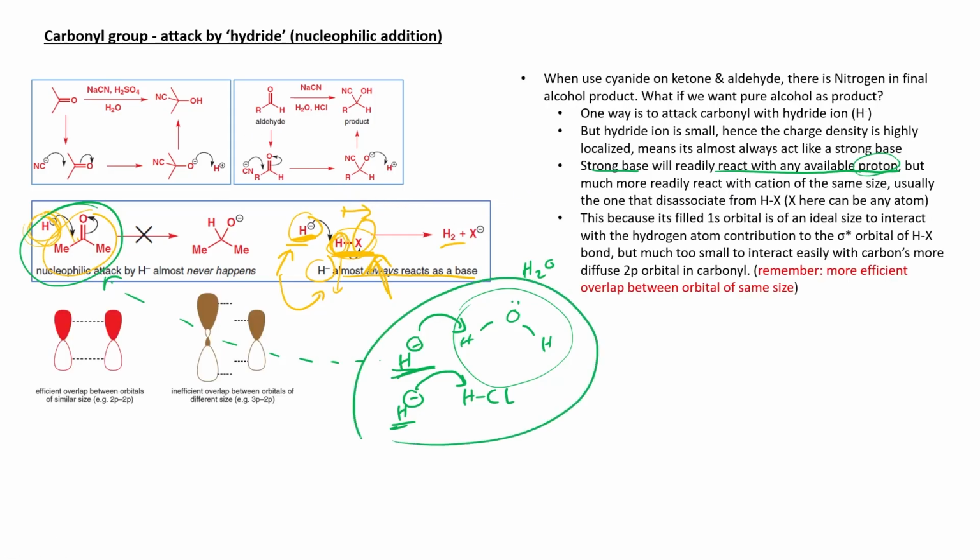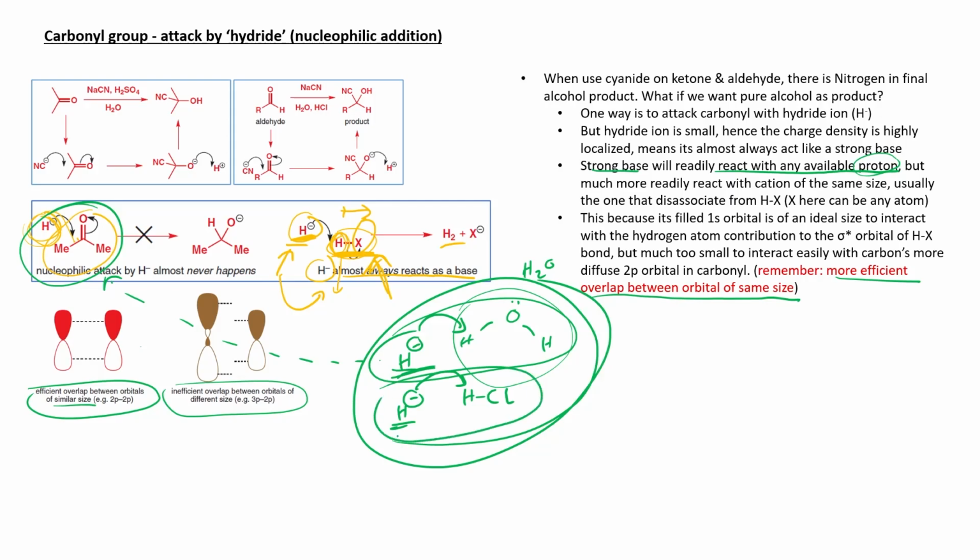Why does this happen? Why is this favored? Because remember, we learned in class before, when you have something small, it's much easier to attack something that is small. It's sama kufu, we call it. For example, there is efficient overlap between orbitals of similar size, 2p with 2p, compared to when you have two different sizes, where overlapping is difficult. There is more efficient overlap between orbitals of the same size, because if you compare this with this, this is much smaller than the aldehyde or ketone.